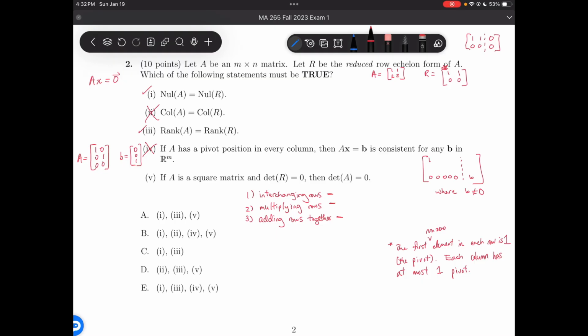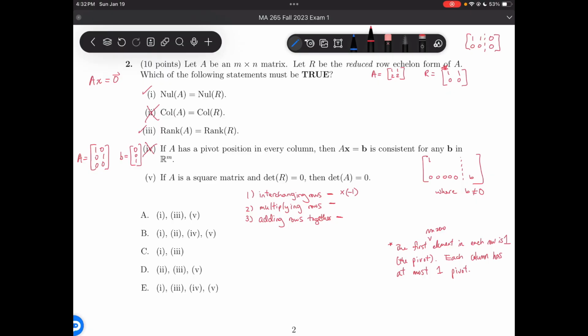we apply them to a matrix, we can also examine how each of these operations changes the determinant of the matrix. So if I interchange two rows in a matrix, the difference that occurs to the determinant is that we change the sign. So essentially we multiply by -1.